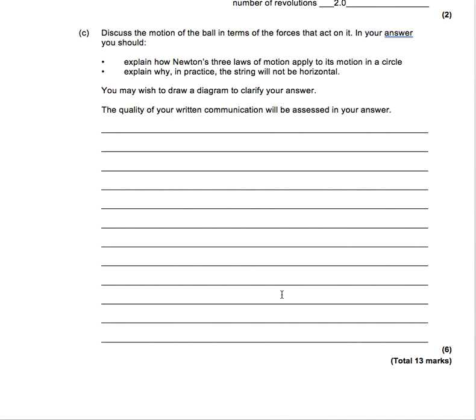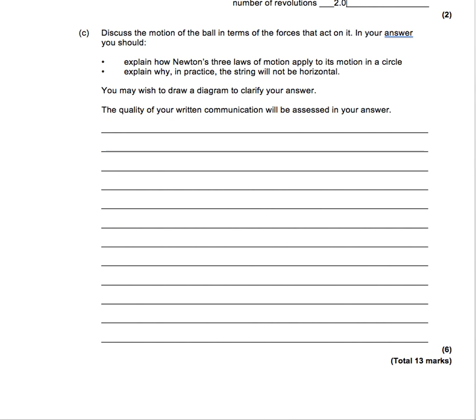So, thinking about this, I'm going to take Newton's first, second, and third laws one by one. Newton's first law says that the ball will remain at rest or in a state of constant motion unless acted on by a resultant force.